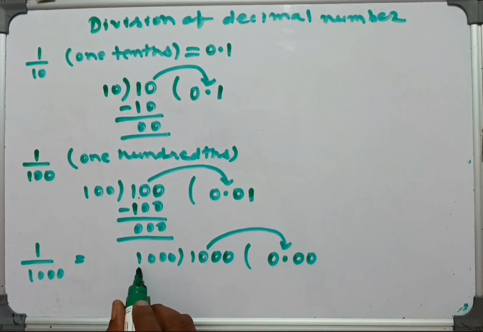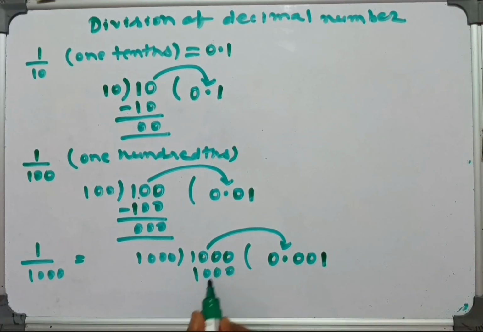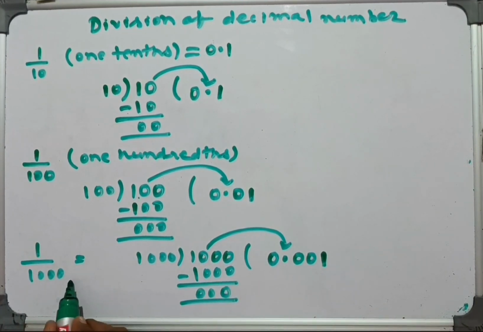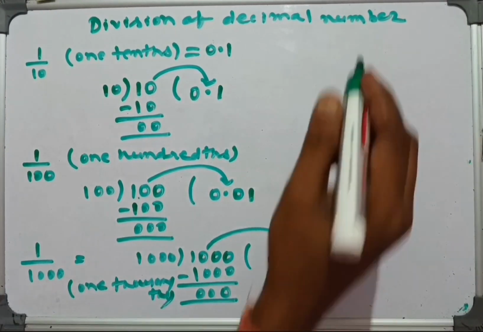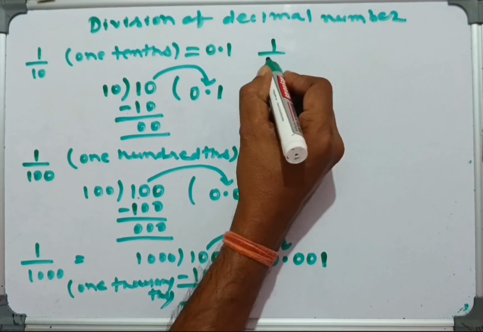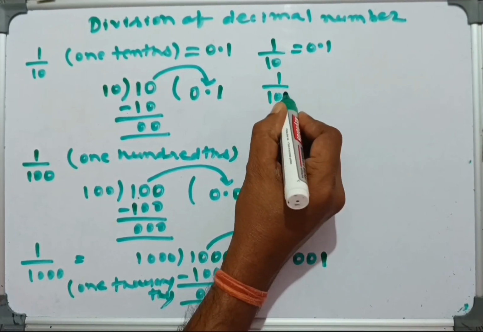Now see, 1000 multiplied by 1 is 1000, so put here 1, and this is equal to 1000. So now the answer is this one, and in the examination the question is 1 by 1000.